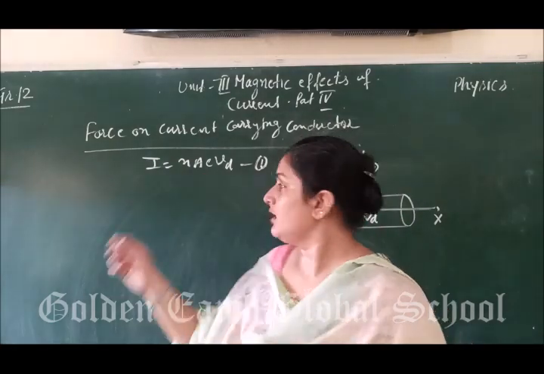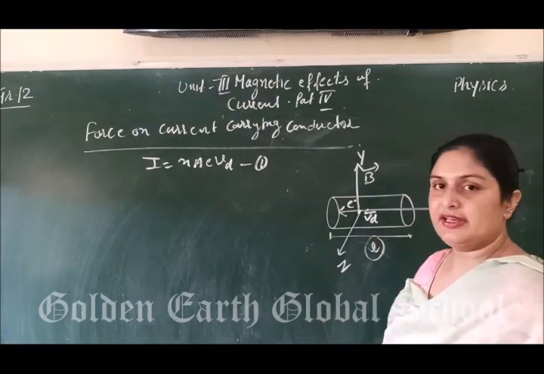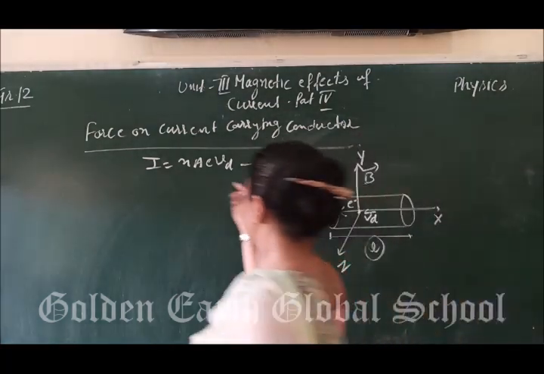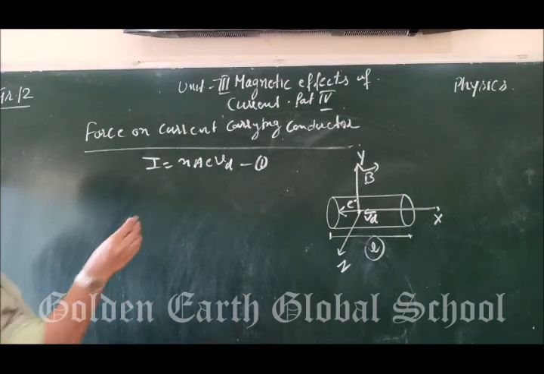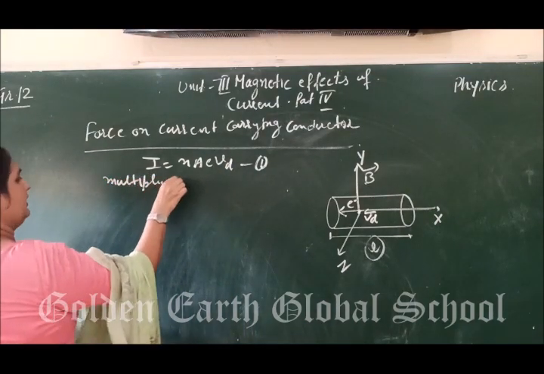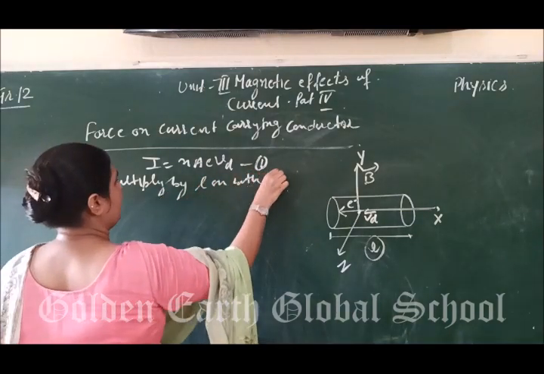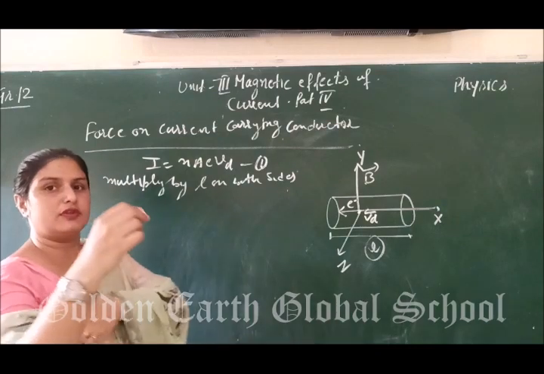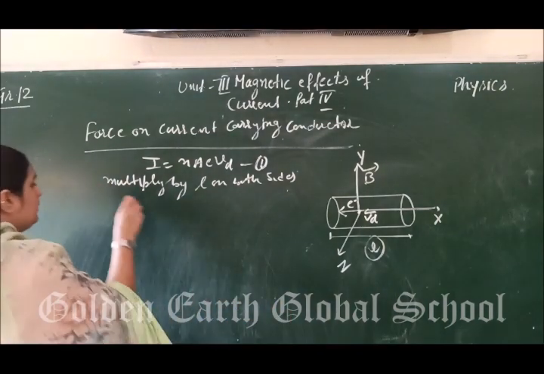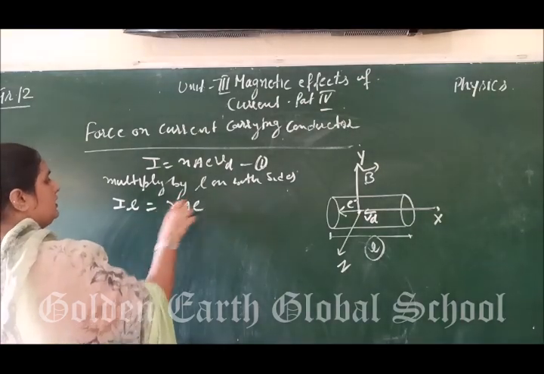If L is the length of the conductor, multiply by L on both sides, where L is the length of the conductor. From here you will get IL equal to nAeLVd.